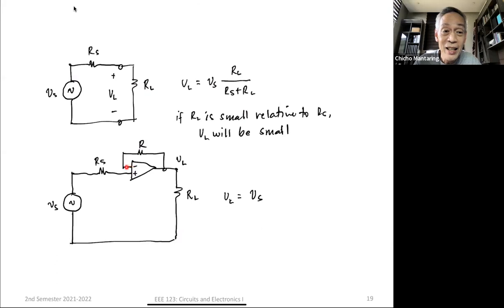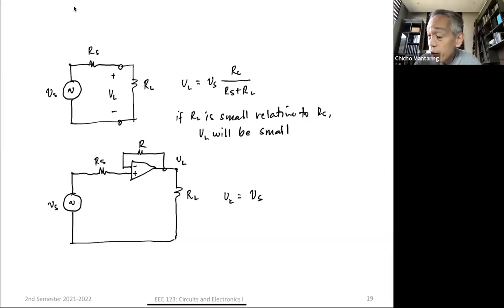Tapos wala kang current dumadaan dito dahil I minus is equal to 0, and therefore V of L will also be equal to V of S. In other words, that's the point of your buffer. So in effect, this manages now to isolate the load from the source.